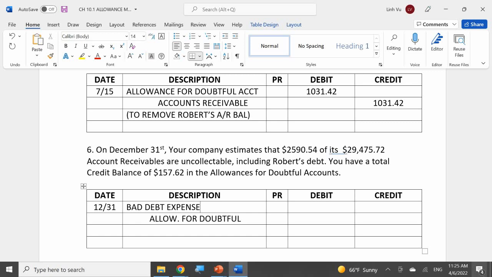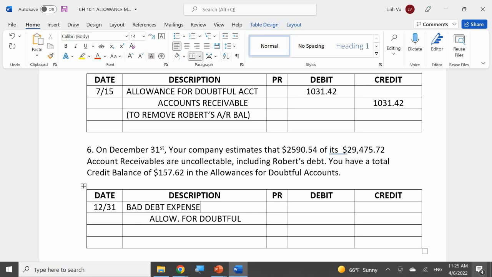I have a total of $29,000 that people owe me, and I figured out that 2,590 of those dollars are not collectible, including the $1,000 that Robert didn't pay me.